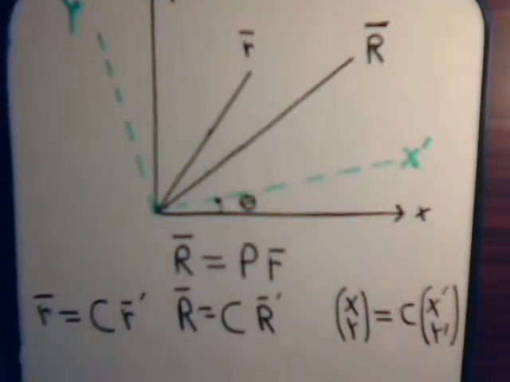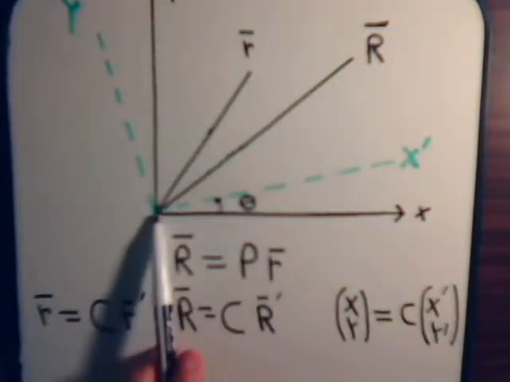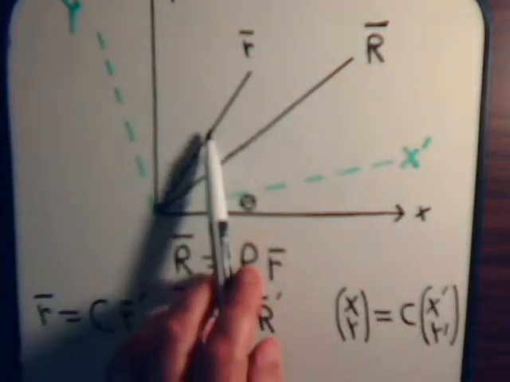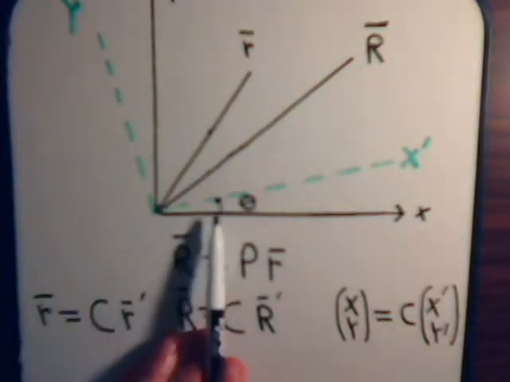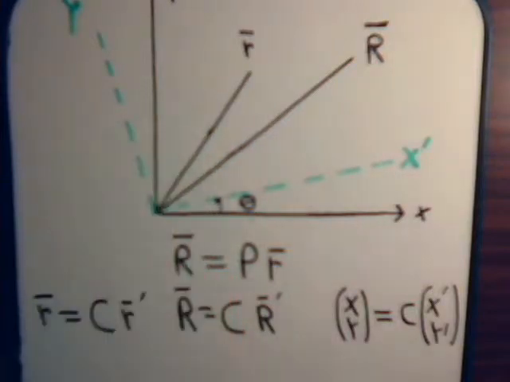Then here we have a matrix that takes an x prime, y prime point and tells us the corresponding xy point. So if we know, for example, on vector r, an x prime, y prime coordinate, then matrix C will tell us its corresponding xy coordinates.